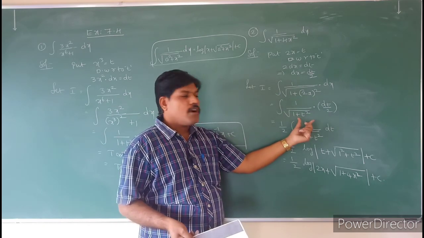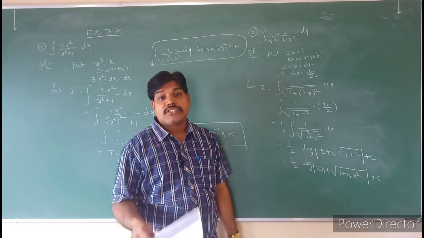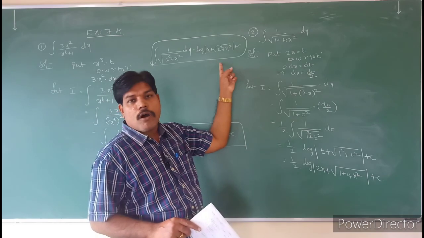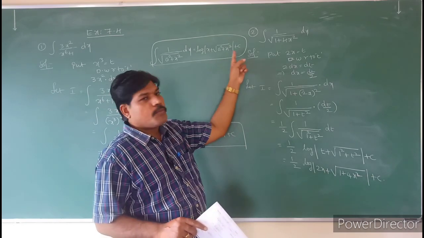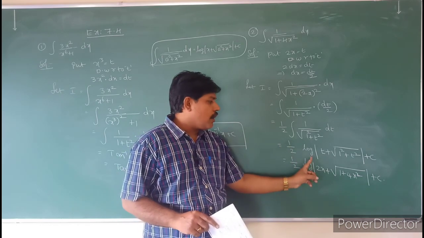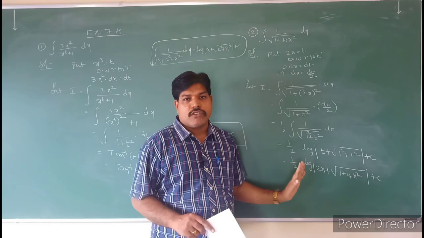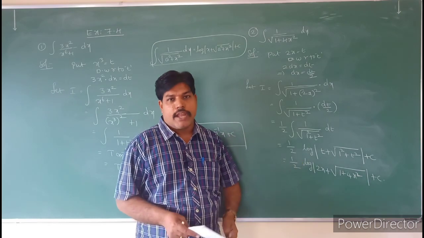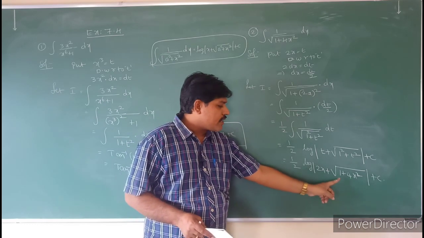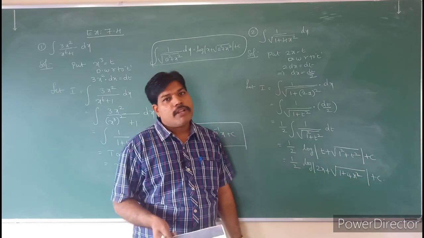So it is in the form of 1 by 2 into integral of 1 by root of x square plus a square. What is the formula? Log mod x plus root of a square plus x square plus c. So replace that: 1 by 2 into log of mod t plus root of 1 square plus t square. What is the t value? The t value is nothing but 2x. So replace the value here: log mod 2x plus root of 1 plus 4x square, plus c.